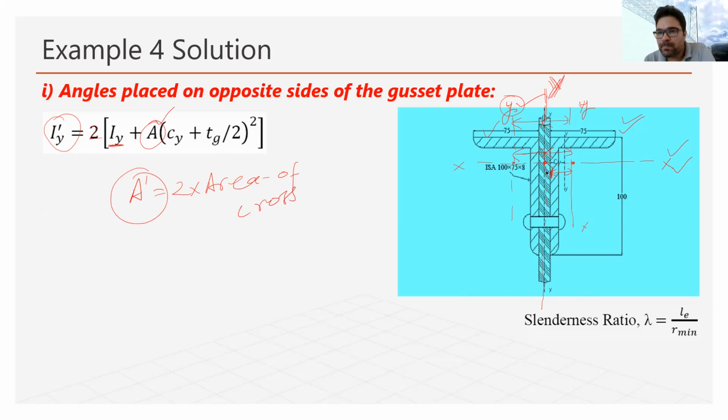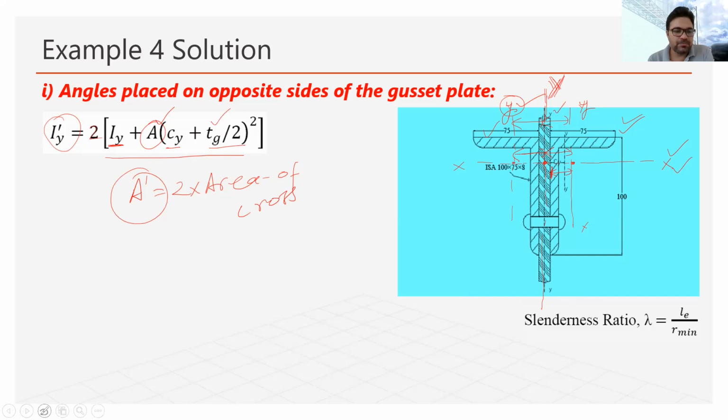And also, because we are supposed to find this distance, which belongs to the center of the gusset plate, Cy plus half of the thickness of gusset plate will also be used. That is why I have written here distance Cy plus Tg by 2. Tg is the thickness of gusset plate, which is also mentioned here. So all the values are written here. I have already explained in example 2 how we use the parallel axis theorem, so you can refer to that if it is not clear to you.